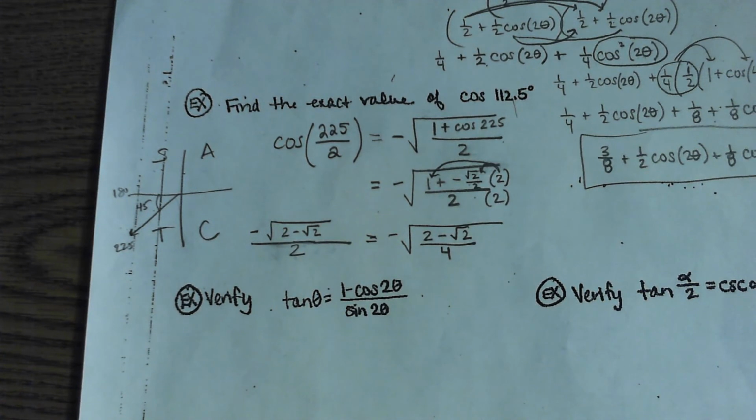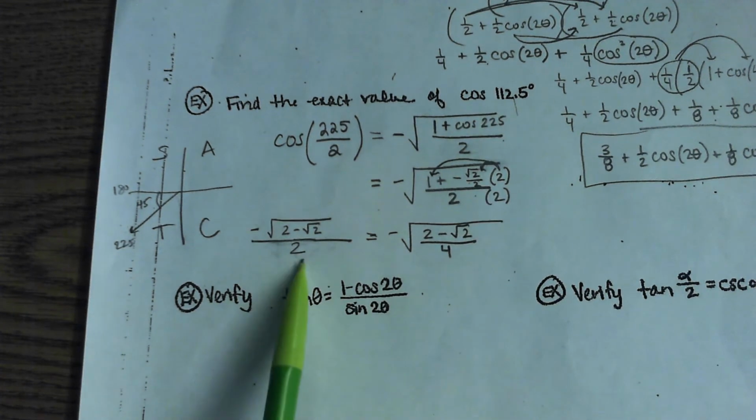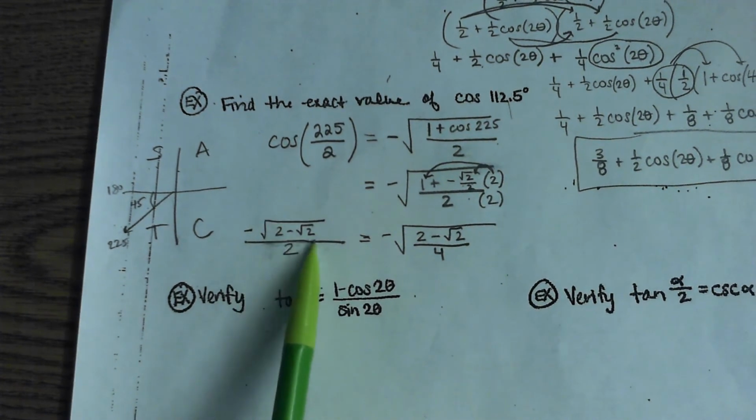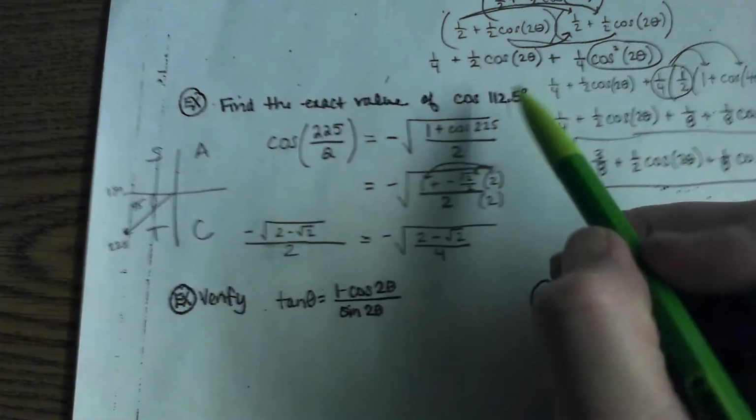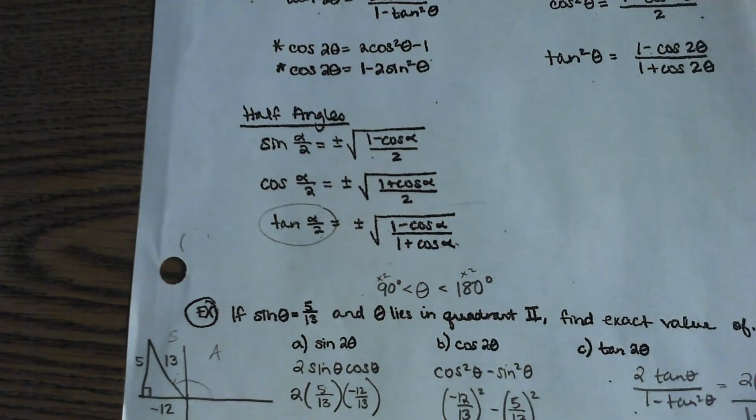I'm sure I pulled this from the textbook, and that is the way they leave their final answer. Negative square root of 2 minus root 2 over 2. As far as a radical under a radical, there's really not much we can do about that. Questions?